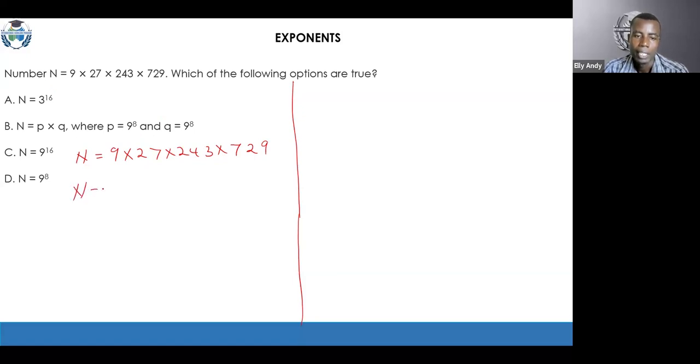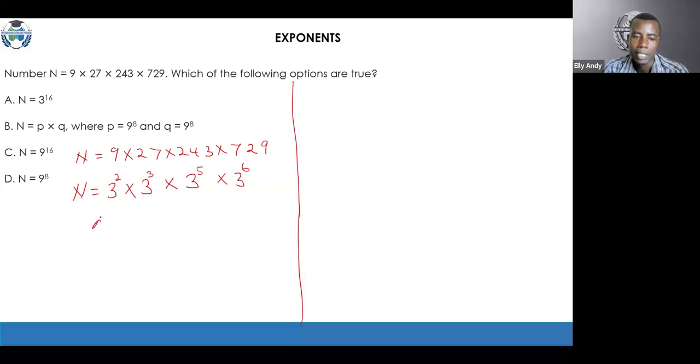So we have n as 9, which is 3 squared. Let's see if we can put them all in base 3. Then, of course, 27 is 3 raised to power 3. 243 will be 3 raised to power 5. And 729 will be 3 raised to power 6.